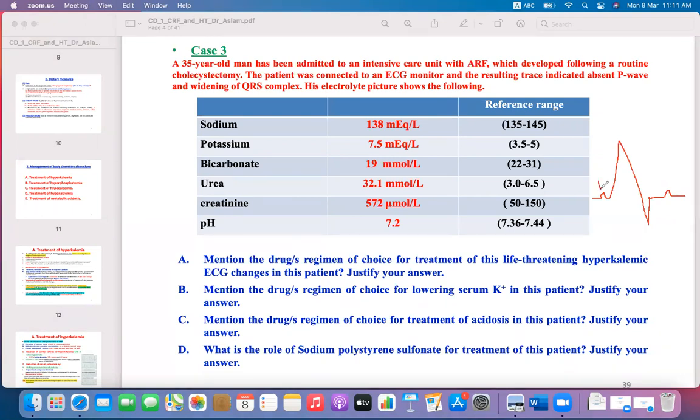We can say this is P, an absence of P wave, Q, here R, S, T. This is the normal ECG. And what happened here in this case, the P wave is absent.